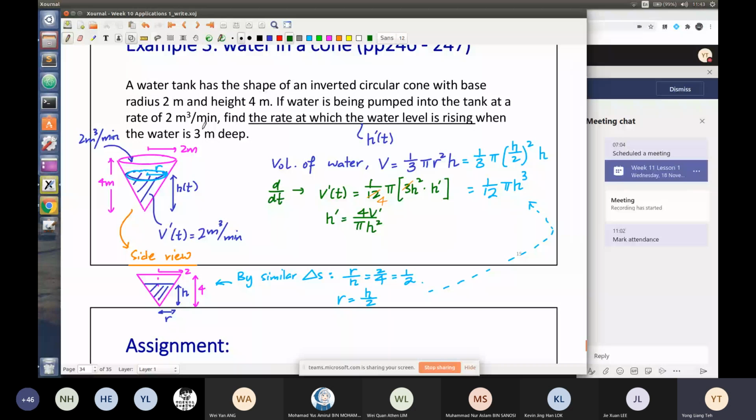So h prime is equivalent to 4 V prime, which in this case is 2 meter cube per minute, divided by pi and multiplied by 3 squared meters. So you should get 16 over 9. Oh, sorry, 8 over 9. So it should be 8 over 9 pi meters per minute.